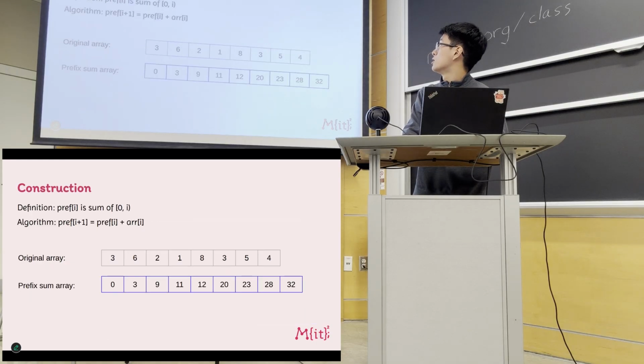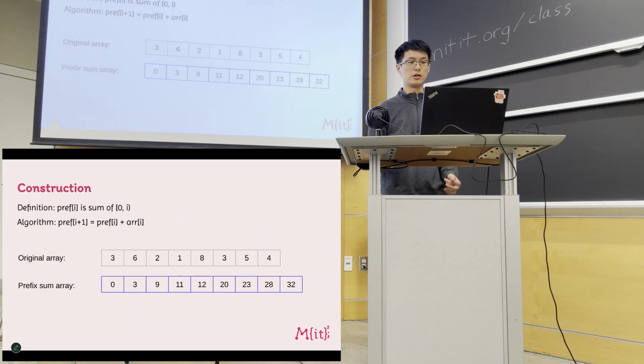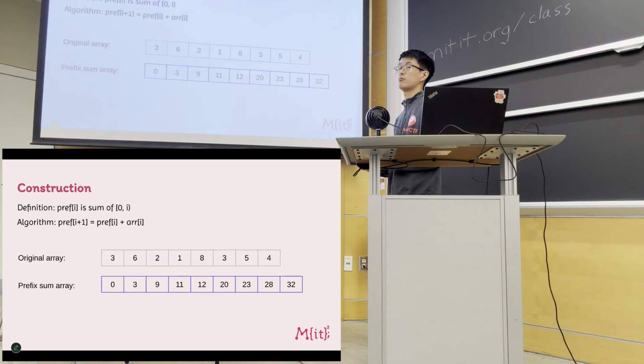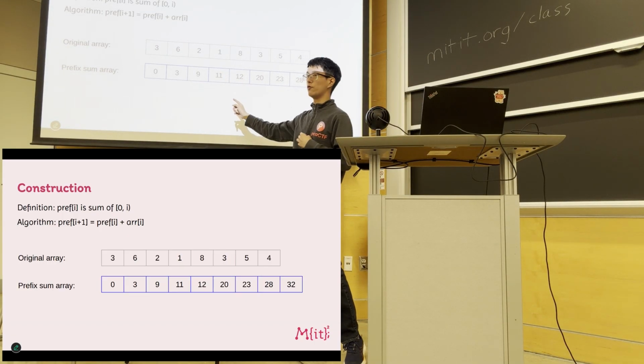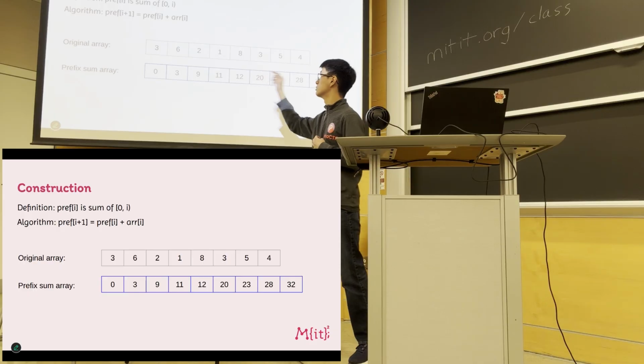All right. So if we have a prefix sum, we know how to answer queries with them, but we still first need to build up our prefix sum array. With our re-index definition, prefix of I is the sum from 0 all the way to the element before it. So for example, this 11 would be 3 plus 6 plus 2.